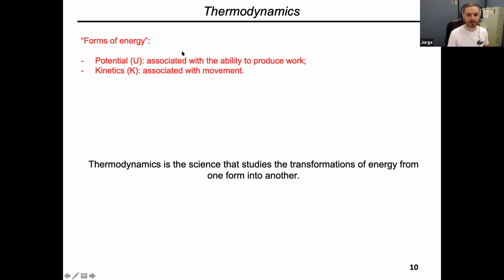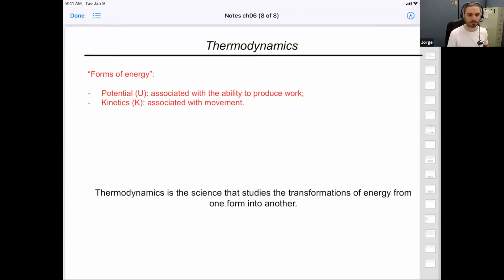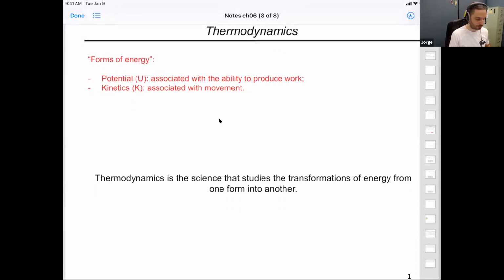These two forms of energy can convert between themselves. So we may have at some point potential energy, and the potential energy is going to be used to produce kinetic energy. So let me show you a quick example here. Let me change to my other screen. Okay, so very good.